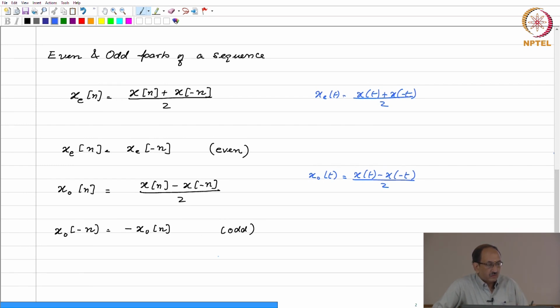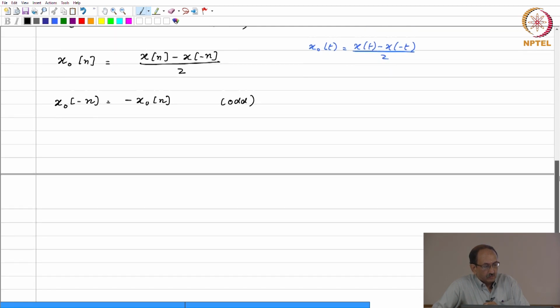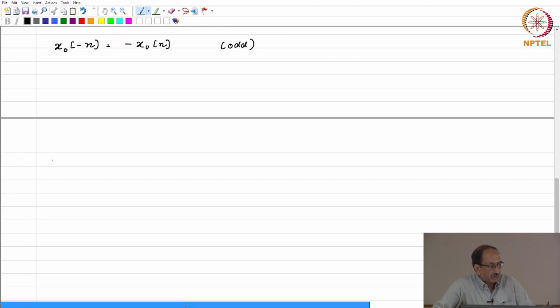Here we are assuming the signal to be real valued, so this is the case for real valued signals, and there is a corresponding definition for complex valued signals.